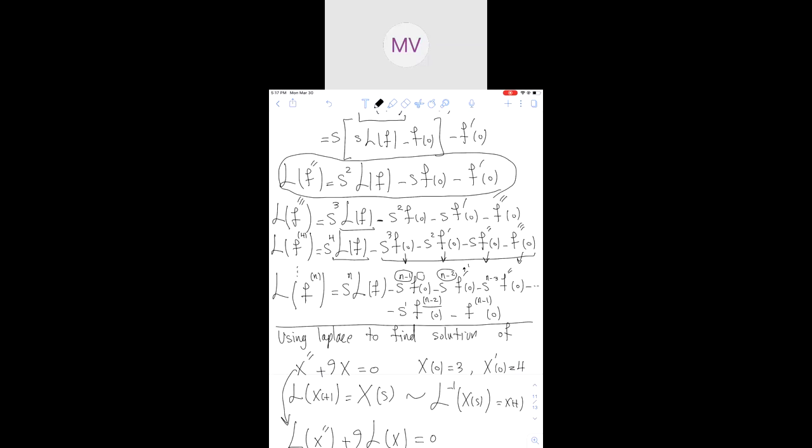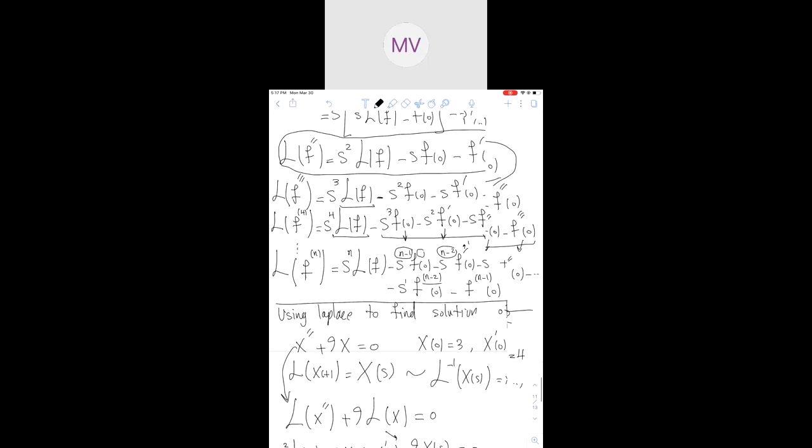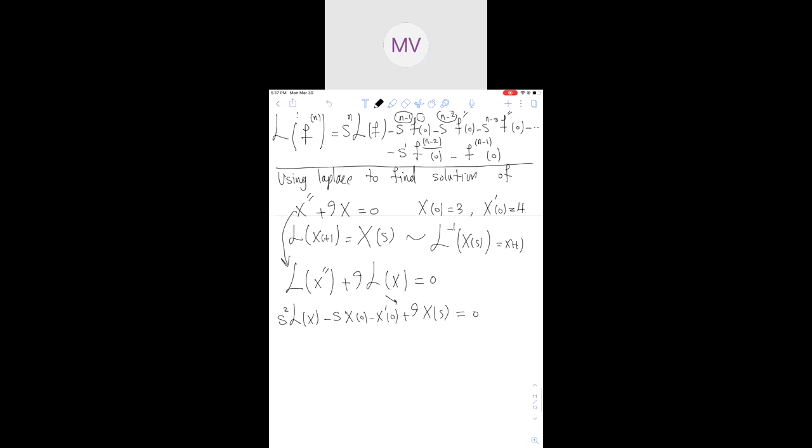So Laplace of x double prime, s squared Laplace of x minus s x at 0 minus x prime at 0. Good. All right. So we have s squared. We have a name for that. That's X of s, the transformation of x of s, minus. We have a value for that. What is x of 0?